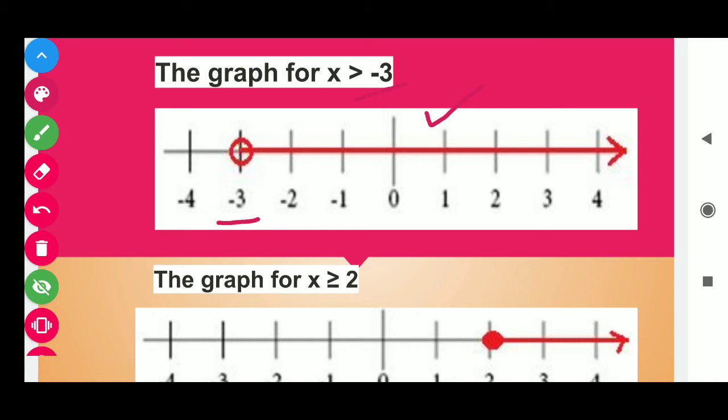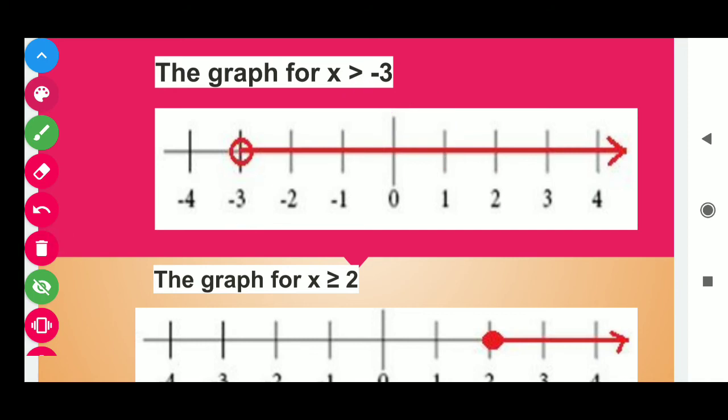Now students, you can see in this inequality that x is only greater than minus 3. There is no symbol of equality. So in this way, we make a circle on the point minus 3 and leave the circle empty. Students, do not fill the circle. Suppose if I fill this circle, this means that x is greater than or equal to minus 3.